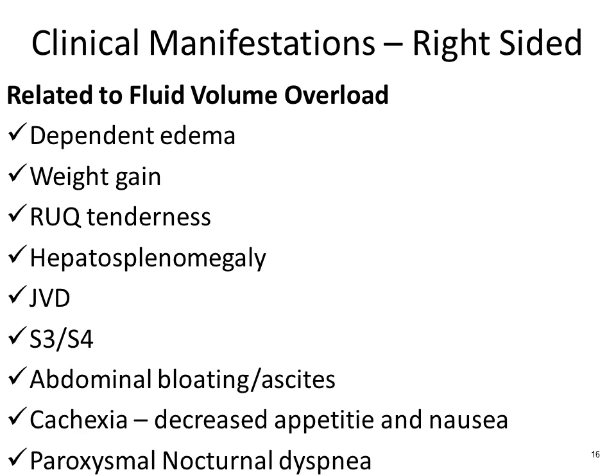So right upper quadrant tenderness, and the liver can be swollen as well as the spleen. JVD, because of all the fluid volume overload. And the presence of an S3 or S4 sound, particularly S3, indicating fluid volume overload.